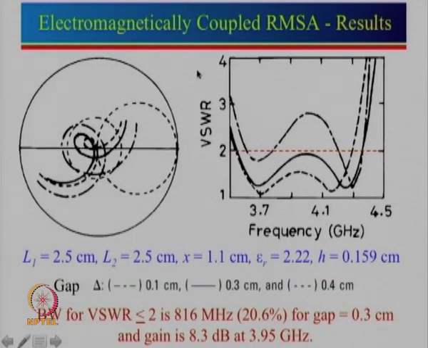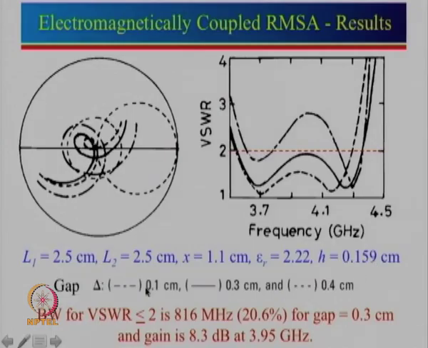So here is an example of the different values we have taken. We have taken a gap delta which is 0.1 centimeter, 0.3 centimeter, and 0.4 centimeter. This is the gap between the two substrates, and we have taken the two substrates as same, which has dielectric constant epsilon r equal to 2.22, individual substrate thickness 0.159, and tan delta for this case is 0.001.